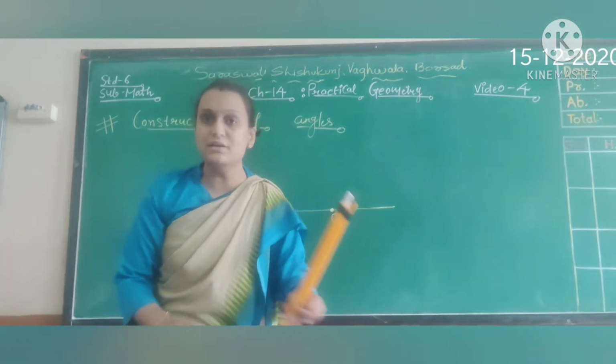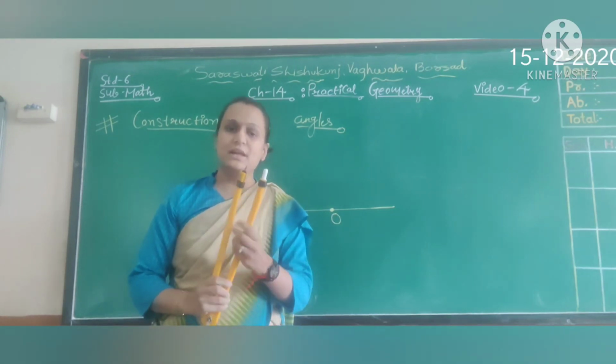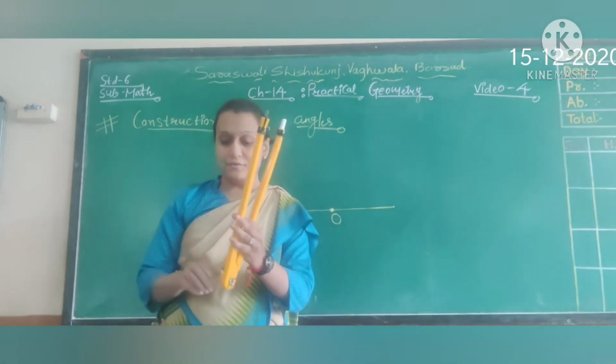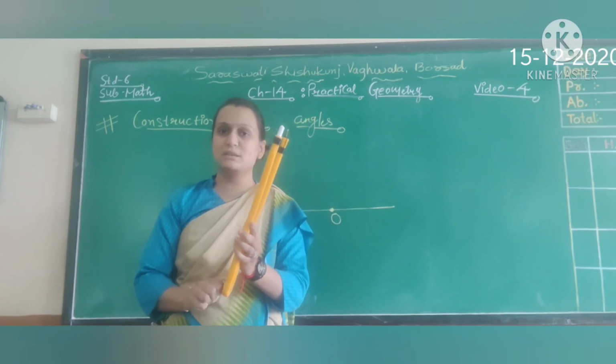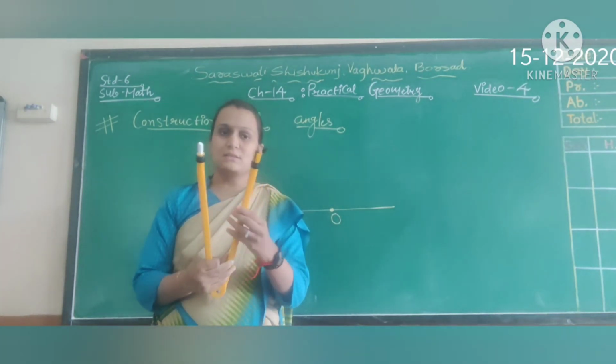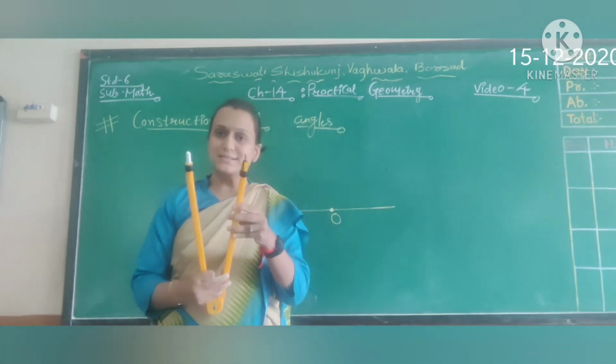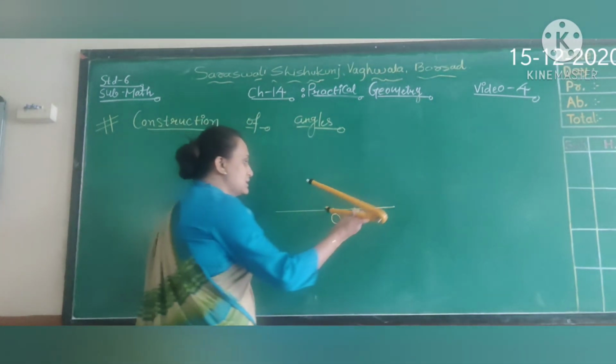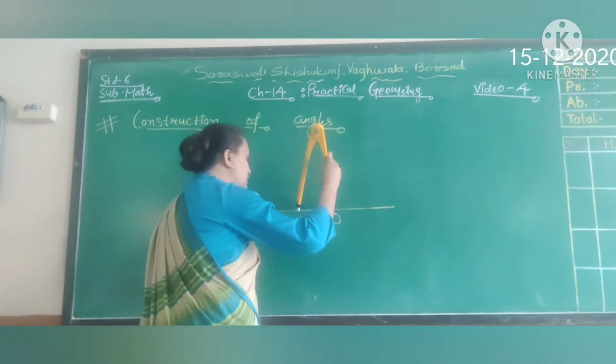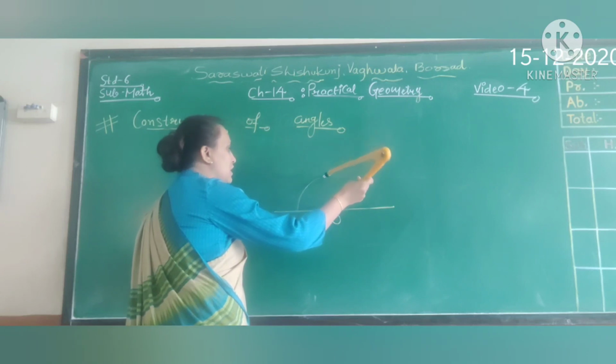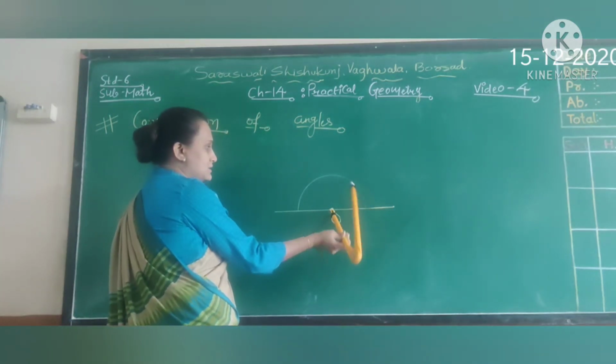Now with a convenient radius, we can take any measurement, okay, but after that we cannot change this measurement. So with the convenient measurement, we have to draw a semicircle with the help of a compass. So from point O, we are going to draw a semicircle like this.